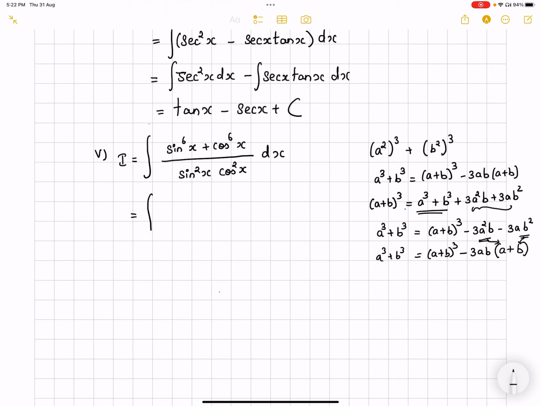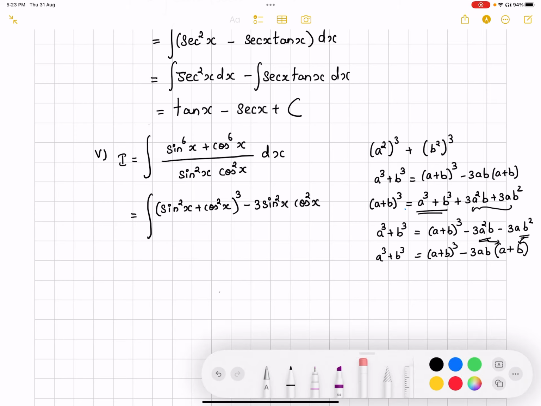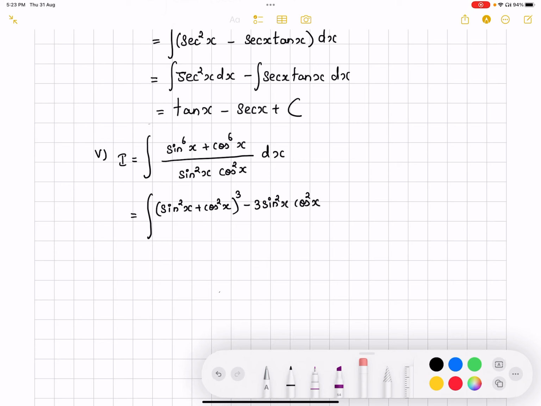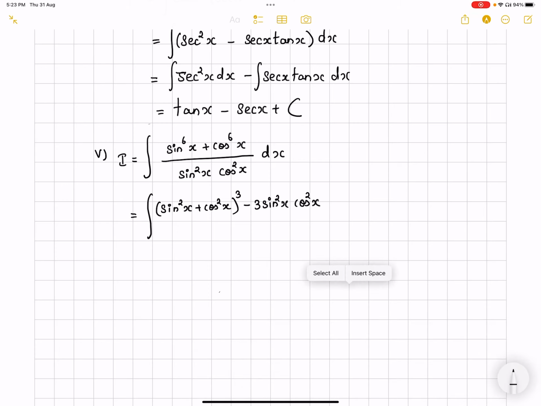So now we have sine square x plus cos square x the whole cube minus 3 sine square x cos square x, and then minus 3 sine square x, and we have cos square x.